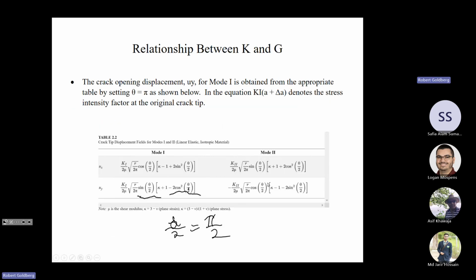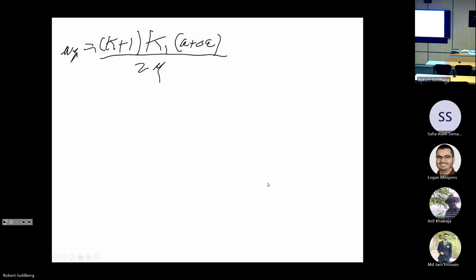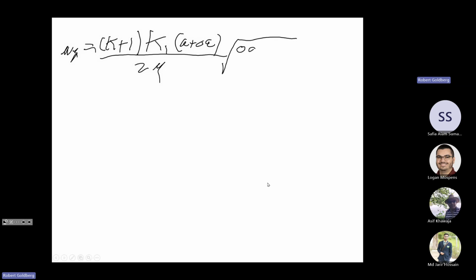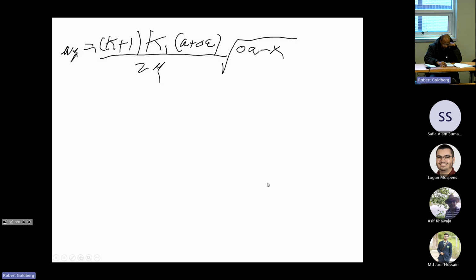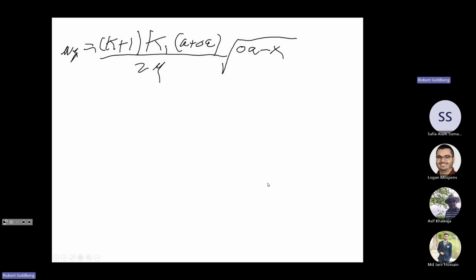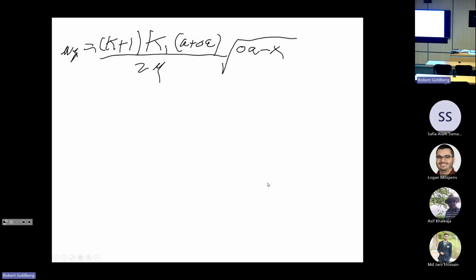So for the dimension term, which was the square root of r over 2 pi, it's the square root of delta A minus x, so it's the distance from our current value of x to the end of the original crack tip, divided by 2 pi. Okay.